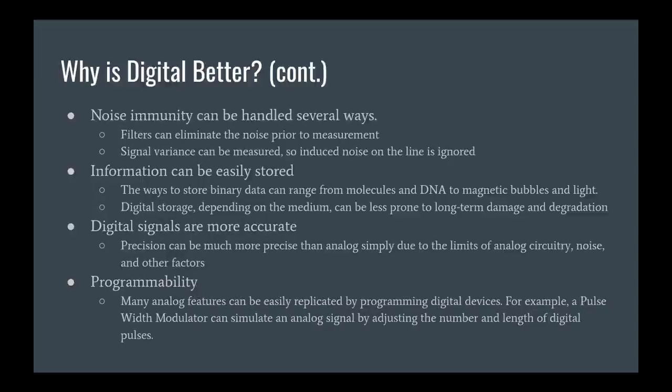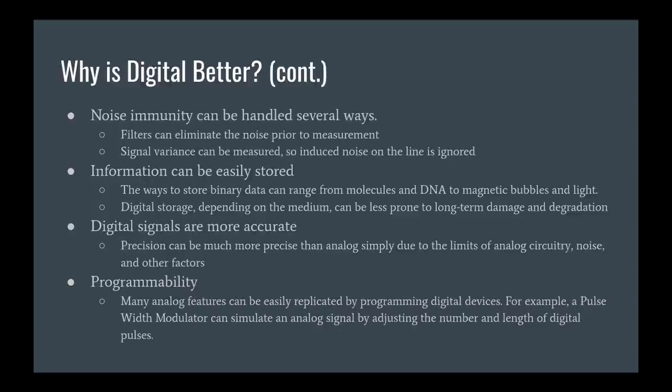And so if you've ever seen reports of data, 3 decimal places is about as high as you're going to get. But digital signals are going to allow you to have a much higher precision because of noise and the circuitry used and things like that. And so that's why you get these decimal places that are like 12 points out, because it's simply much more accurate at that point.